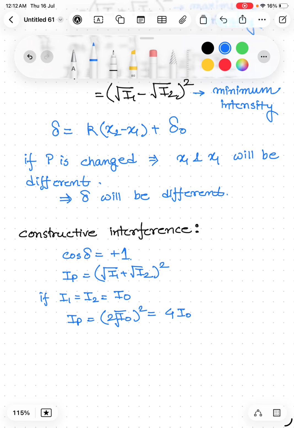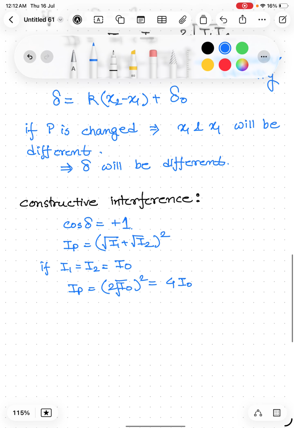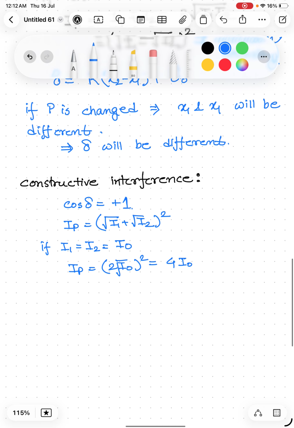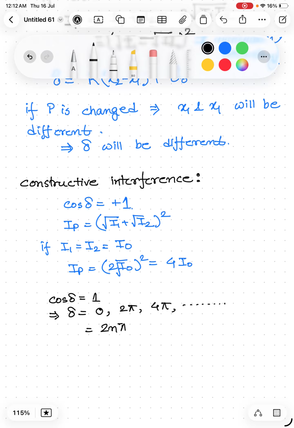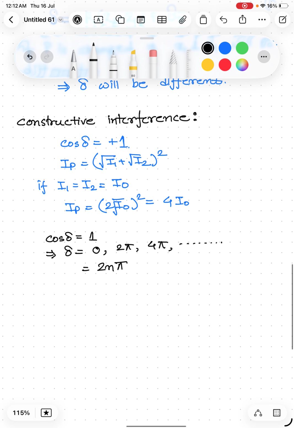Okay, fine. So let us try to understand what I mean by that. What is the case when cos delta equals 1? For cos delta equals 1, delta has to be equal to either 0, 2 pi, or 4 pi, etc. Let me write this concisely as 2n pi.